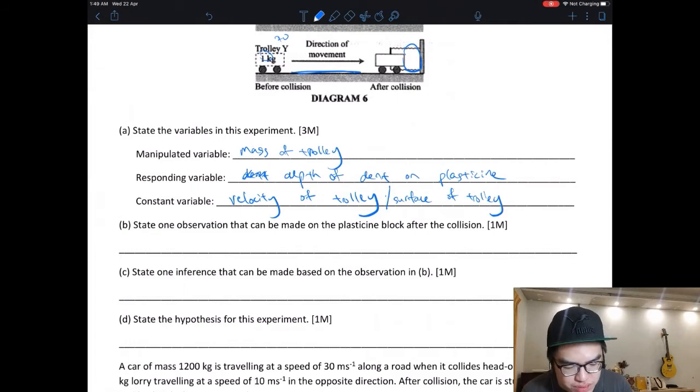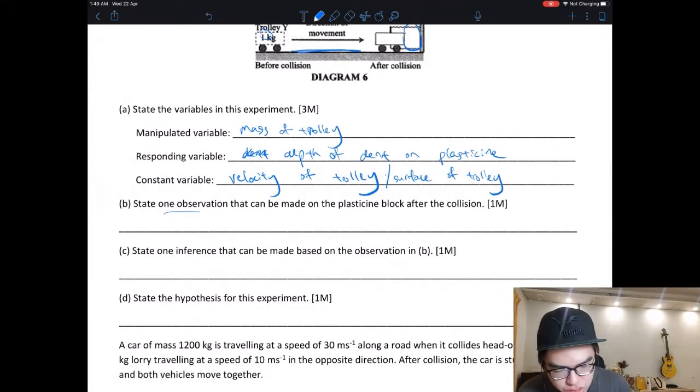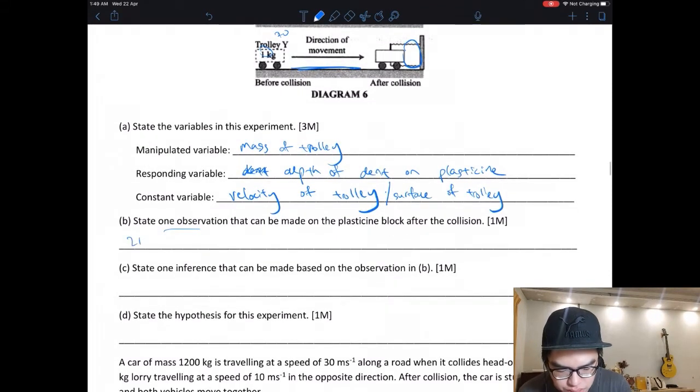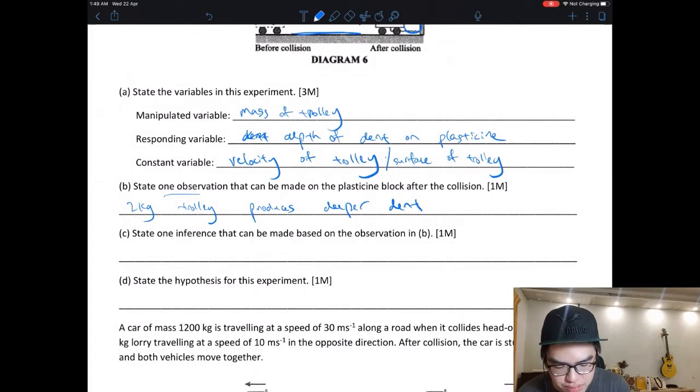State one observation. The 2 kg trolley produces a deeper dent. State one inference. Why? Because the 2 kg trolley has higher momentum.